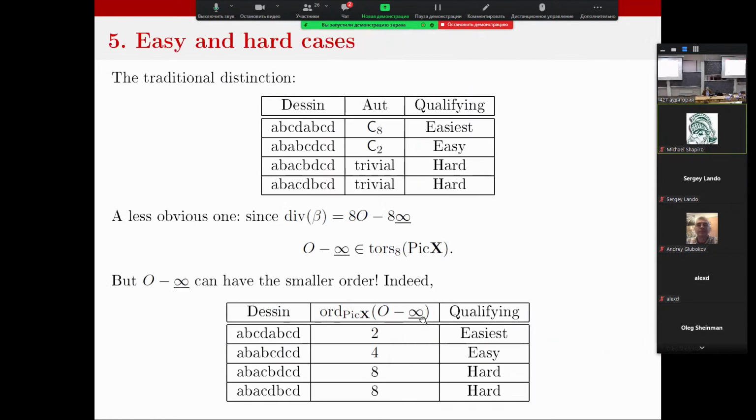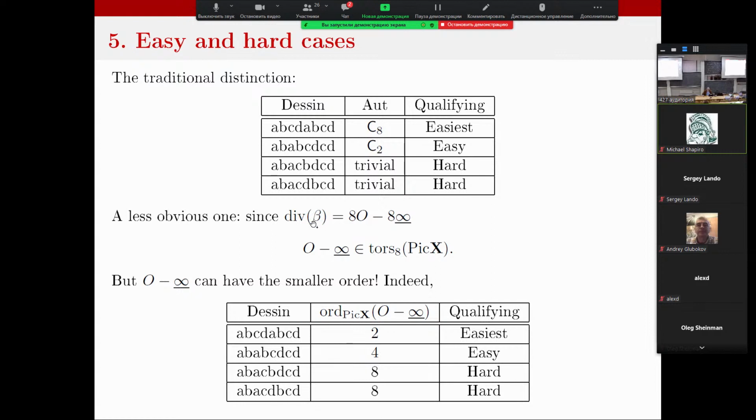But there is a bit less trivial distinction between the easy and hard cases that needs a bit of algebraic geometry. So the Belyi functions, sorry, it is the first time where the second after that picture.